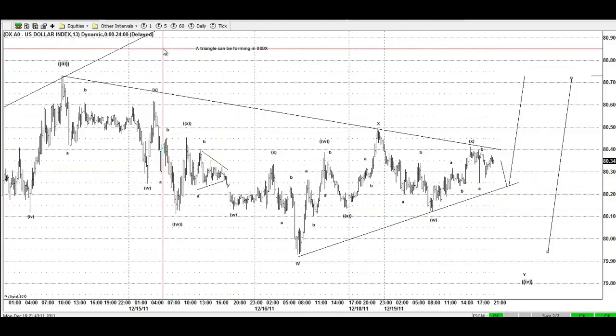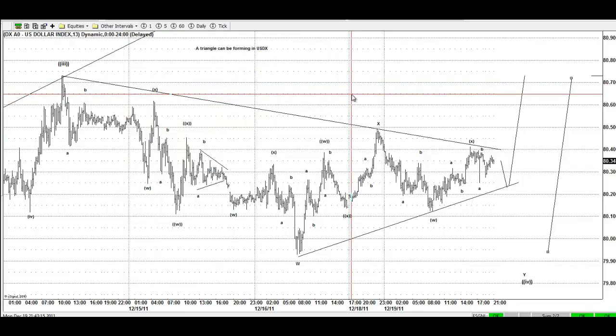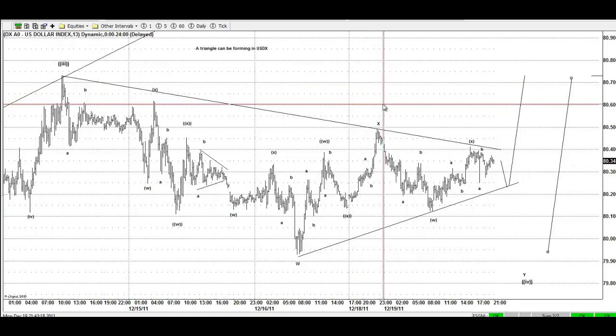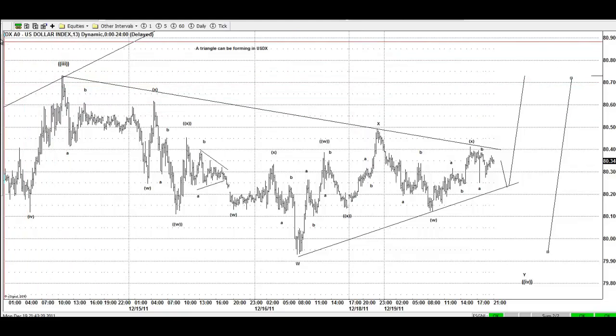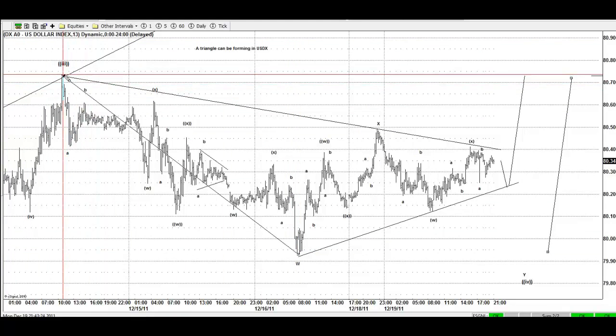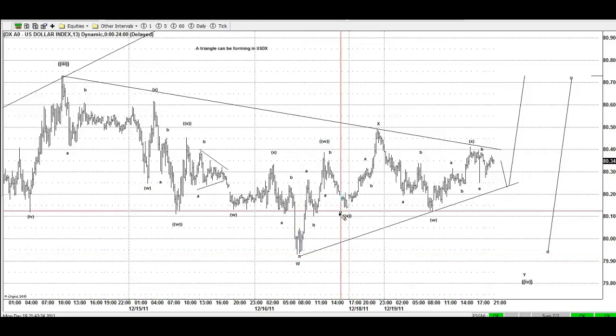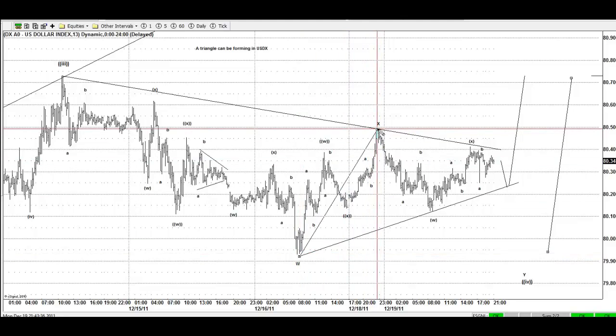This is the US dollar on the 13-minute chart. It's a chart that I use due to 13 being a Fibonacci number, just in case somebody asks me. Now, like we explained the other day on the video, this can be counted either as a double zigzag, or it can also be counted as a five-wave swing. So for me, when that happens, I was expecting this last night, I mean, a dollar rally.